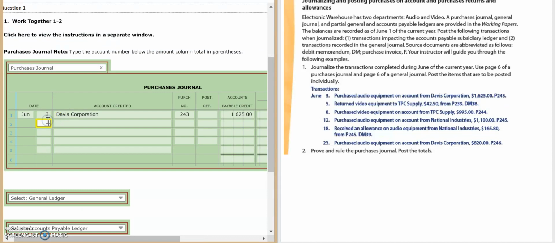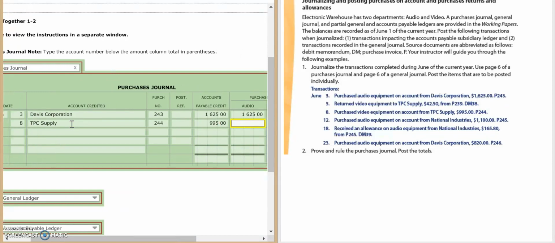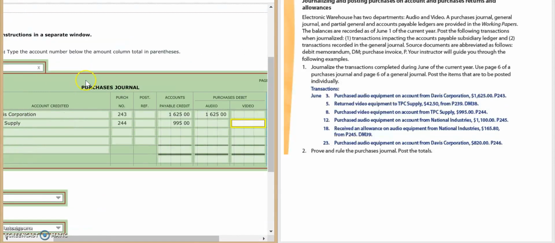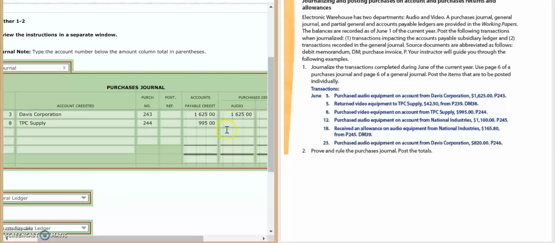We open that up, go to the 8th, and plug in TP Supply. Our purchase number is 254, and we purchased $995. Because this is video equipment, we go over to the purchases debit for video and plug in $995. So far so good, hopefully.